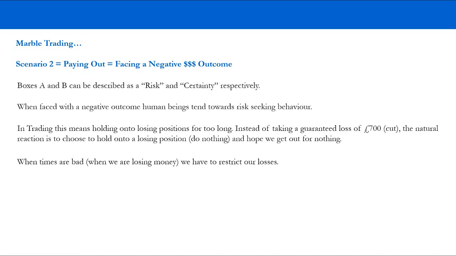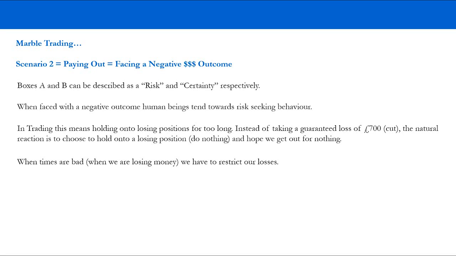And at the same time, when you have losing positions, so you're in the paying out scenario, you choose to pull from box A, then every time you have a winning position, you make 700, and every time you have a losing position, you're likely to be paying out 750. Well, it just means that over an infinite amount of trades, you're never going to make money. In fact, the most likely outcome is you're going to be losing money.